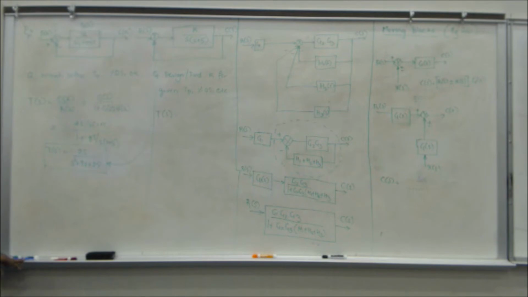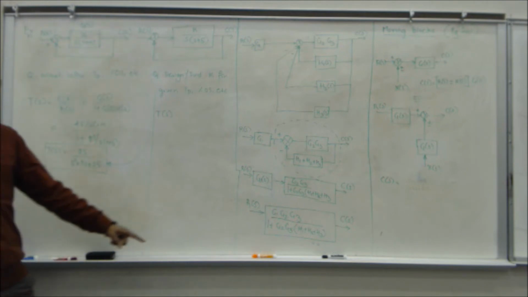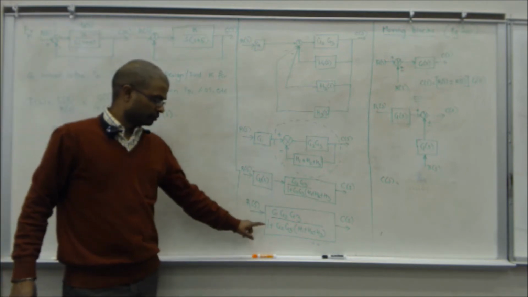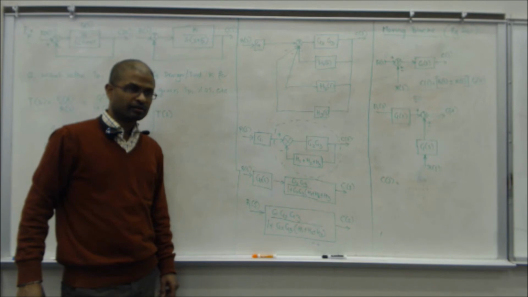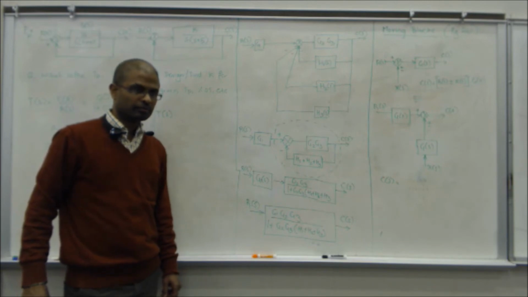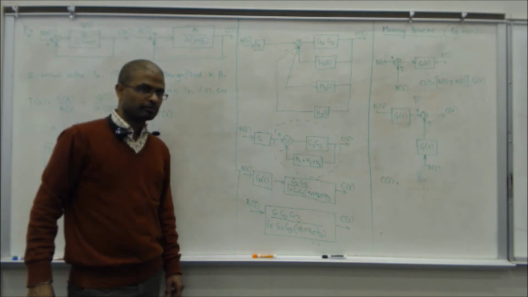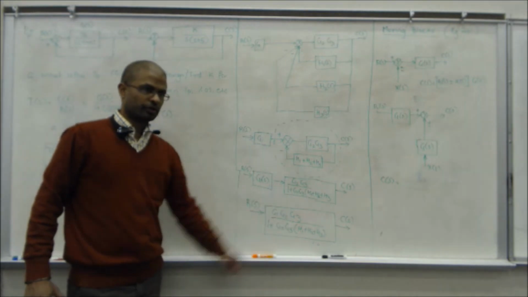We will use G of S to represent the open loop. Okay? So here T of S, what is T of S here? This whole thing is T of S.